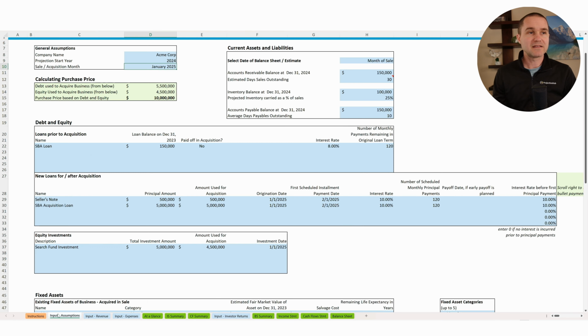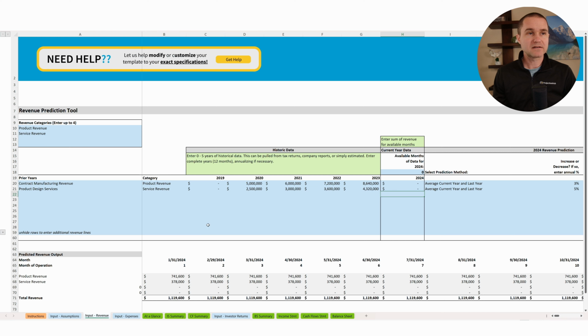So since you set the sale acquisition month to January 2025, you're not going to see any data for 2024. That's also going to impact the years displayed for the historical data on the input revenue and input expenses tab.